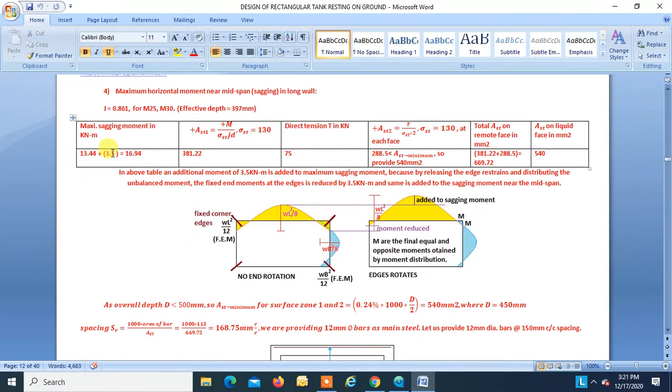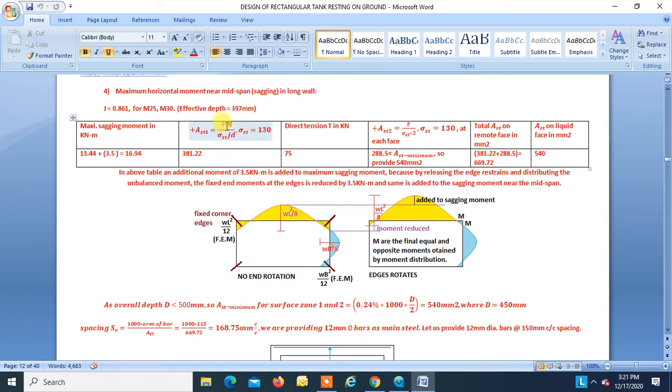That moment has to be added, because it is natural that when your fixed moment is reducing, the sagging moment will increase. So now I am taking my total sagging moment as 16.94.